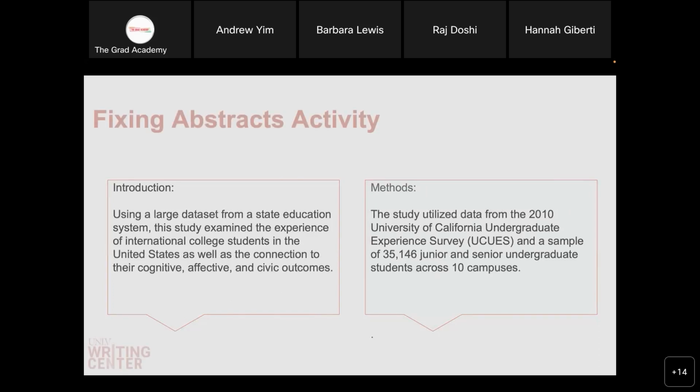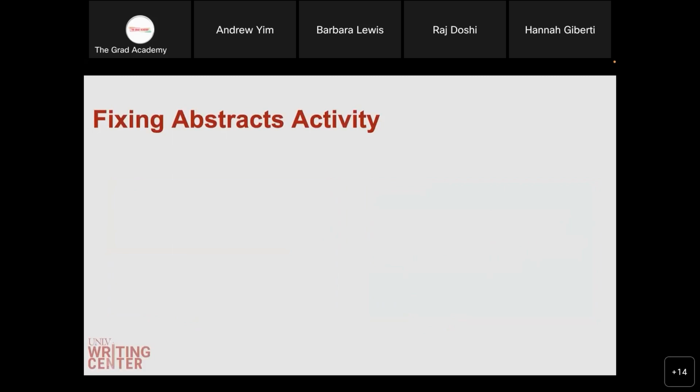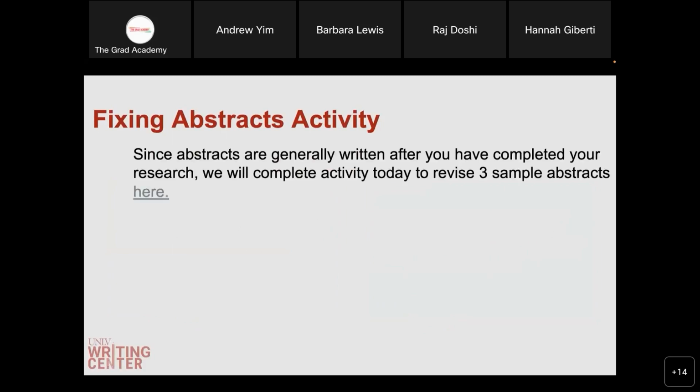So we're going to be moving into our fixing abstracts activity. As part of the practice with abstracts, my general rule of advice is that abstracts are usually written after you complete your research. The activity we're going to do today is revising three sample abstracts that have elements of the IMRAD model in them.